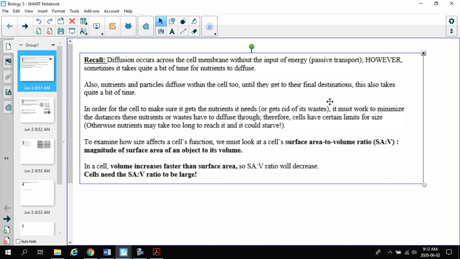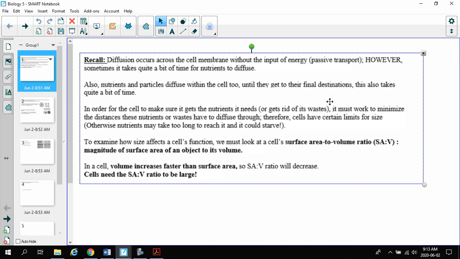So there are limits on the size that a cell can actually be. If a cell was super huge, it would take too long for something to get from the cell membrane to the particular part of the cell, like the mitochondria. If it would take too long for that, then the cell would essentially starve or die off.